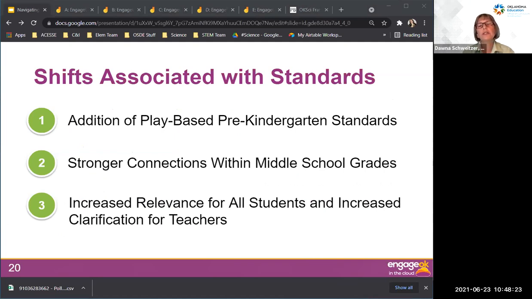The first one was the addition of play-based pre-kindergarten standards. Pre-K plays an important part in Oklahoma education, but up until this time, we had not had standards, so we met with pre-K groups. We had pre-K teachers on board to actually write those standards, and we'll take a closer look at those in a second.